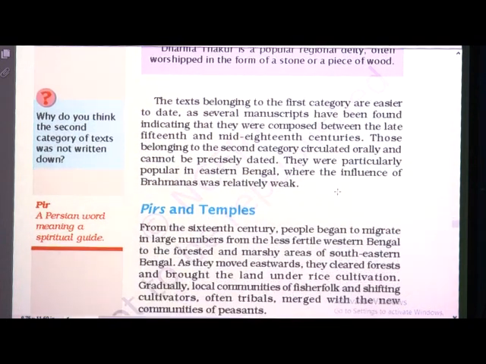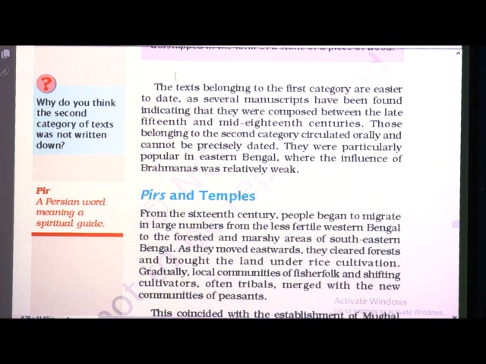Now the texts belonging to the first category are easier to date, as several manuscripts have been found indicating that they were composed between the late 15th and mid 18th centuries. Those belonging to the second category circulated orally and cannot be precisely dated.